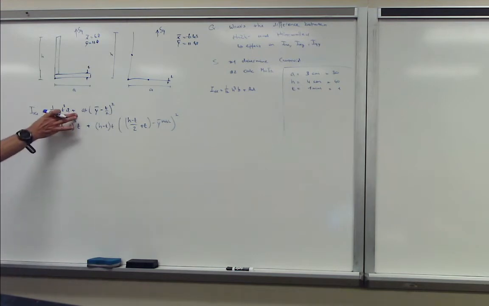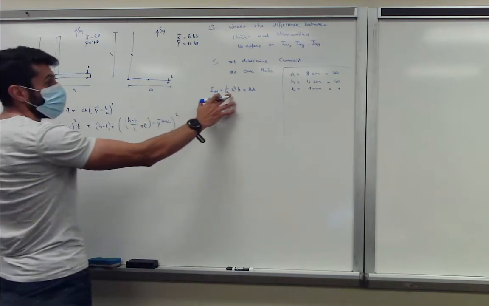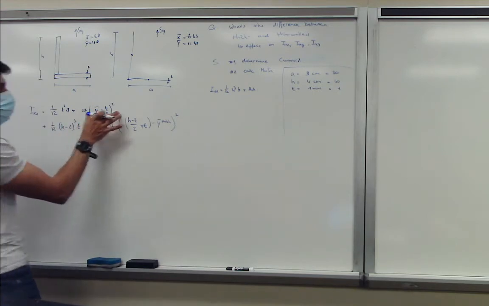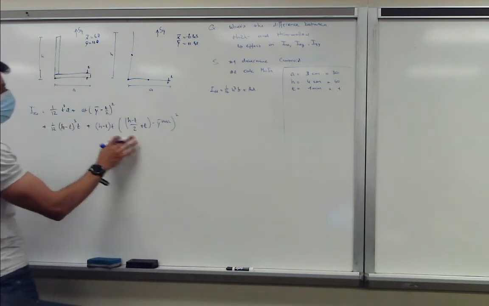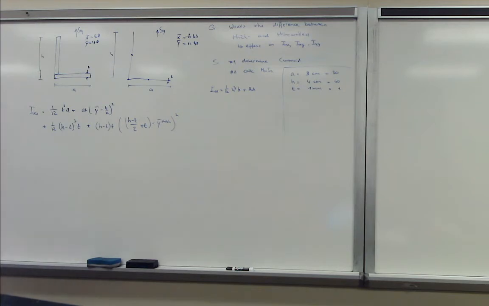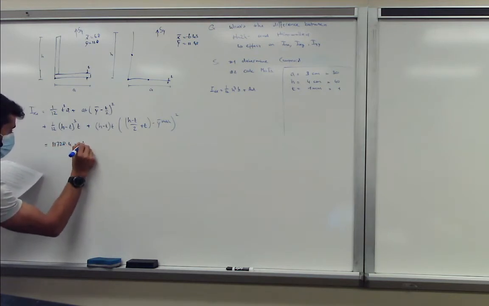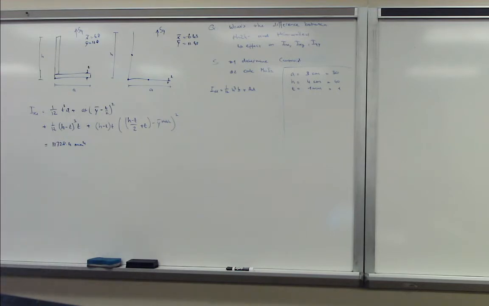So you have your traditional 1 over 12 h cubed b terms, those two here, and then for each section you have a Steiner term because it's a thick wall section. If you plug in the numbers, we get 117284 millimeters to the fourth.